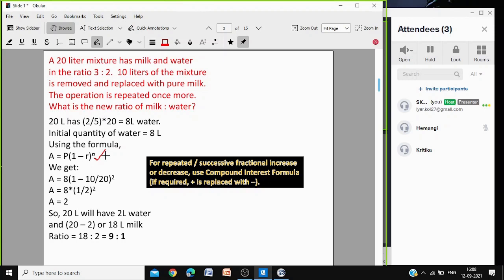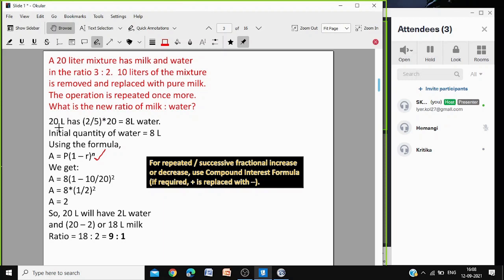Otherwise it is the compound interest formula. And when do we use it? For repeated or successive fractional increase or decrease.